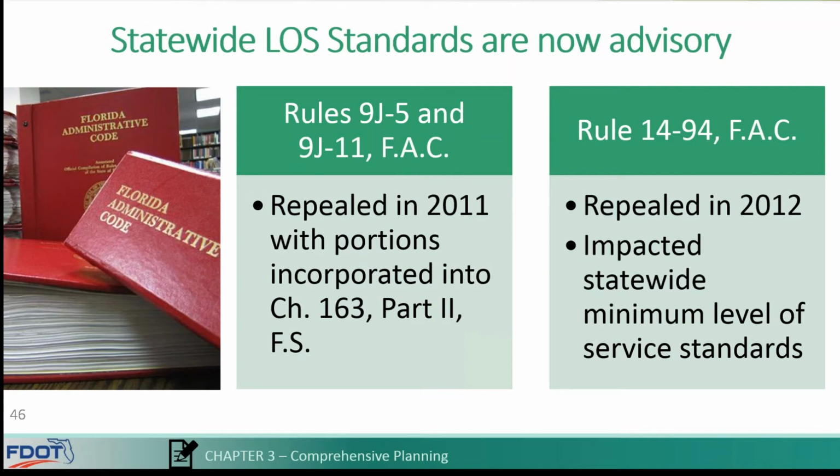Another administrative rule which was repealed during this time was Rule 14-94. Rule 14-94 contains statewide minimum level of service standards on the state roadway system and also provided for enforcement authority to apply those standards. With the repeal of Rule 14-94, the standards are now only advisory and are not enforceable by the DOT.